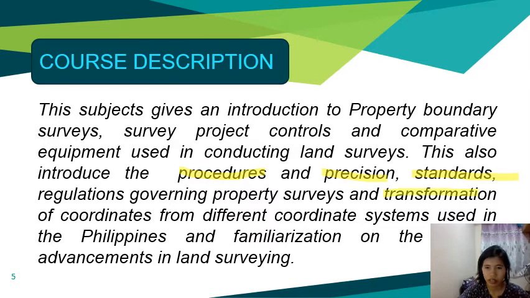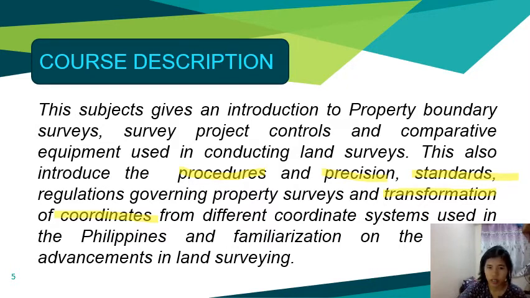We have transformation of coordinates. This is the application of the theory that we discussed in the geometric geodesy subjects, if you remember. So the different coordinate systems. We're going to transform our observed data on the field into the proper coordinate system, for example, for approval of the BL plan.